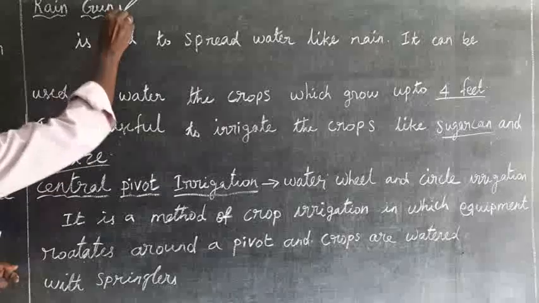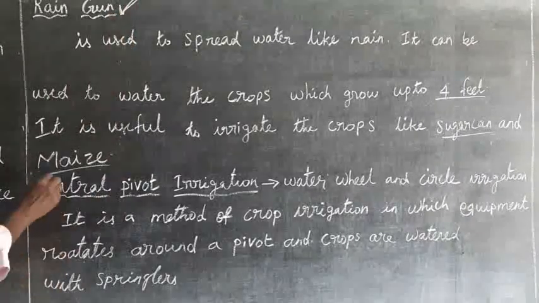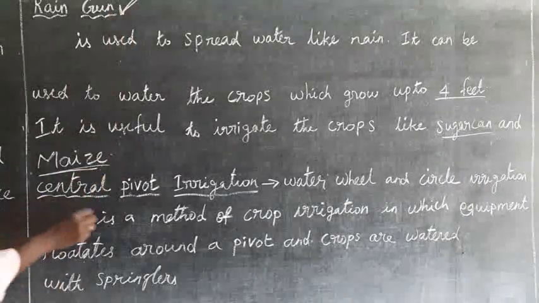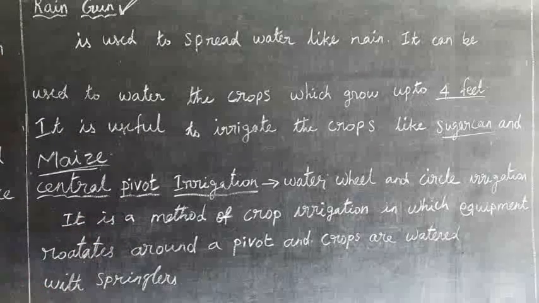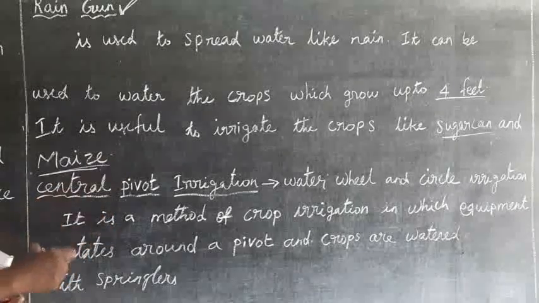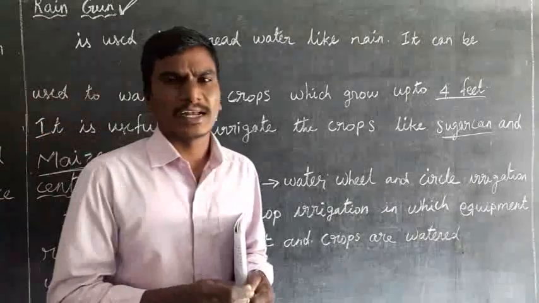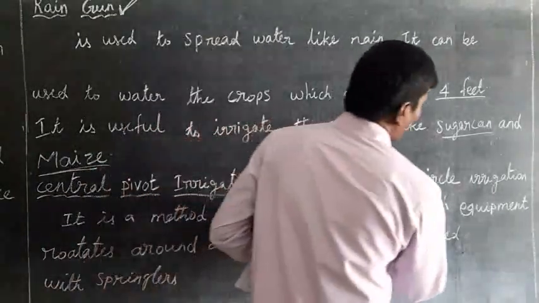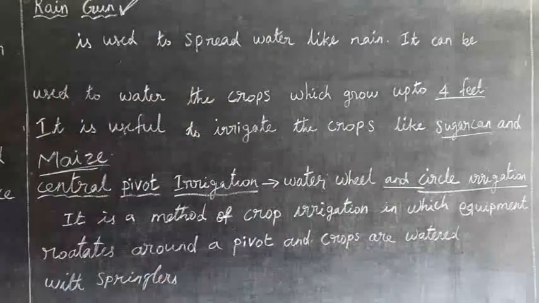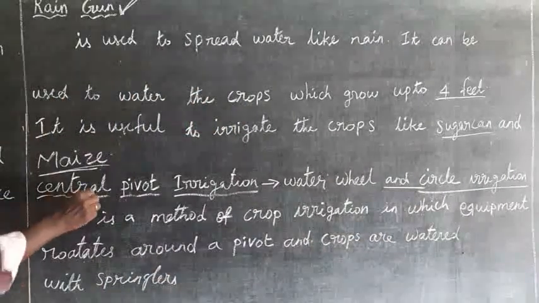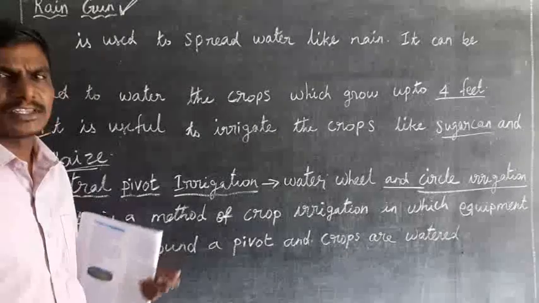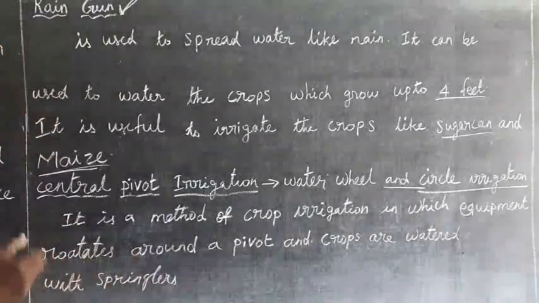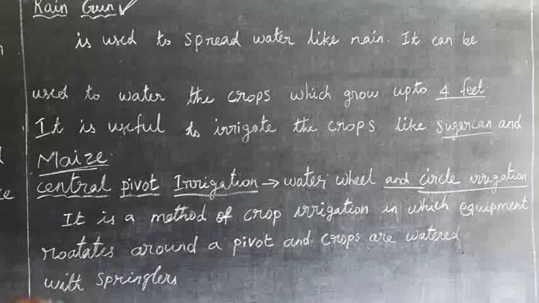The last one is the central pivot irrigation method. It is also called a water wheel or circle irrigation.